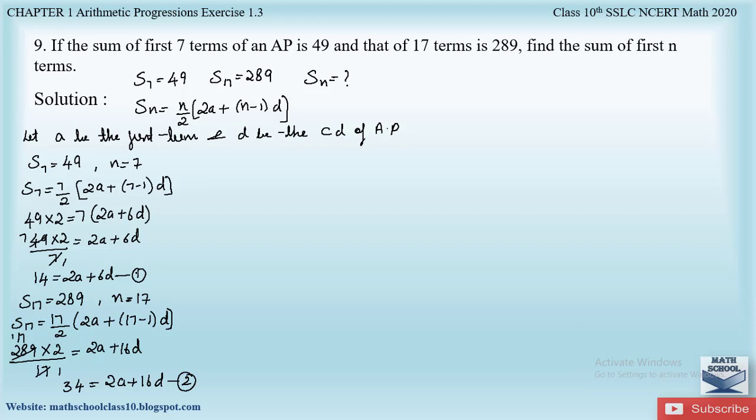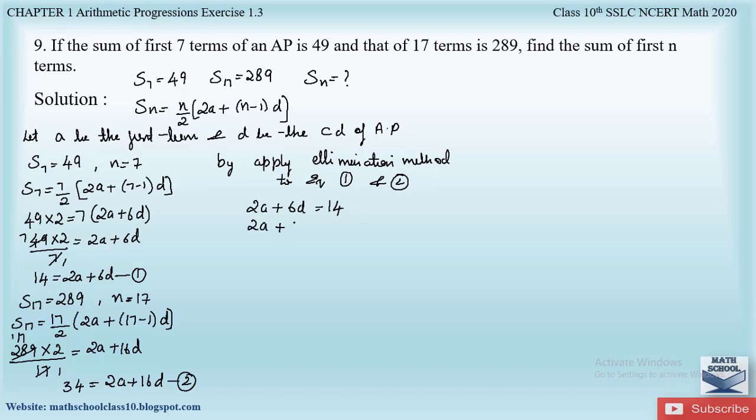We will use equation 1 and equation 2 and apply the elimination method and find out the a and d value. By applying the elimination method to equations 1 and 2, we will get 2a plus 6d is equal to 14, and the second equation is 2a plus 16d is equal to 34. Let us change the signs first. If this is plus and plus, this will become minus, even this will become minus, and again this will become minus.